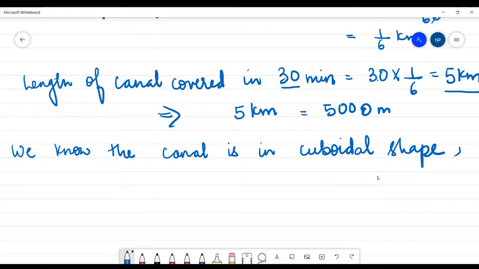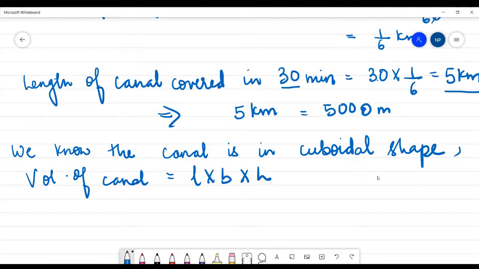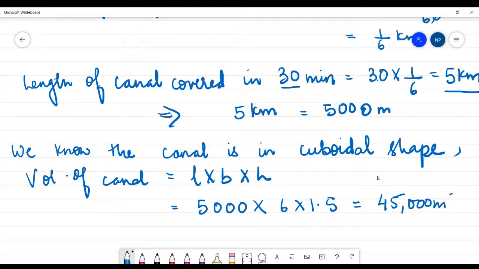So we can write down the volume of canal as length into breadth into height. So we will write it as length 5,000 into breadth is given as 6 into height is given as 1.5. We get the answer over here as 45,000 meter cube.